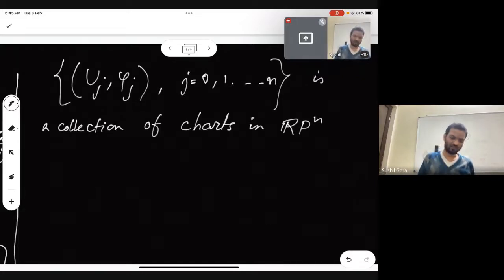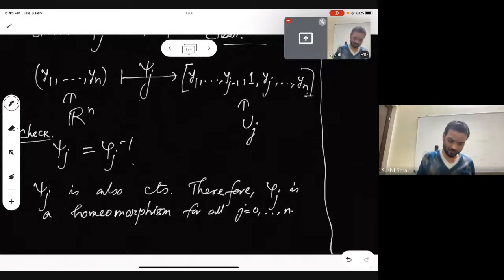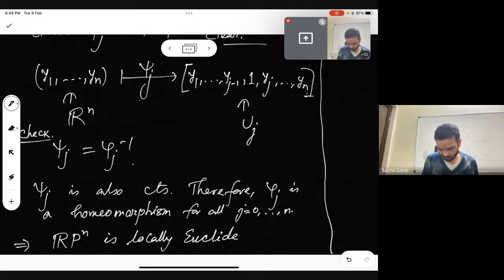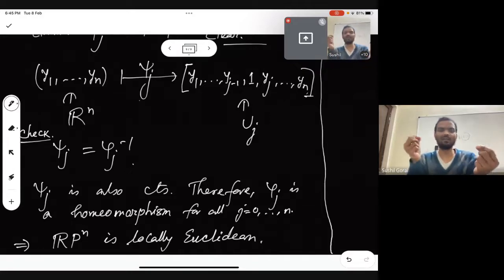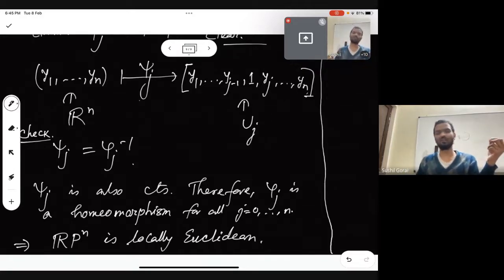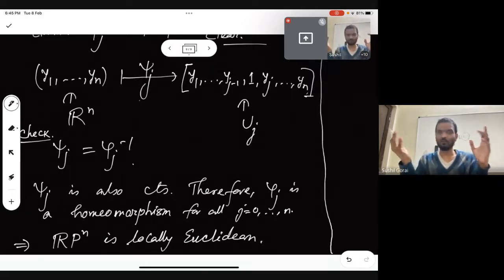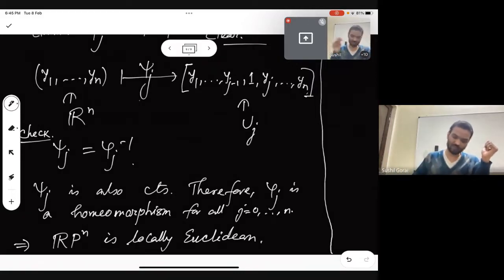So here we proved that RP^n is locally Euclidean, because any point you take will belong to some U_j, and that U_j is homeomorphic to R^n. Hence it is locally Euclidean.